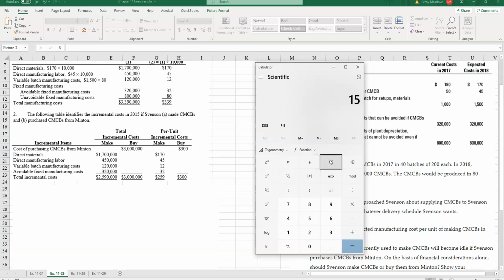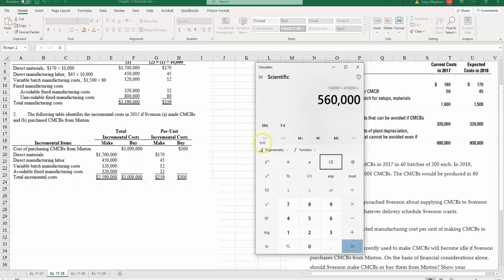So the loss of $150,000 plus $410,000, which was the difference here, means the decision to outsource could be an expensive one and actually cost me $560,000 more.